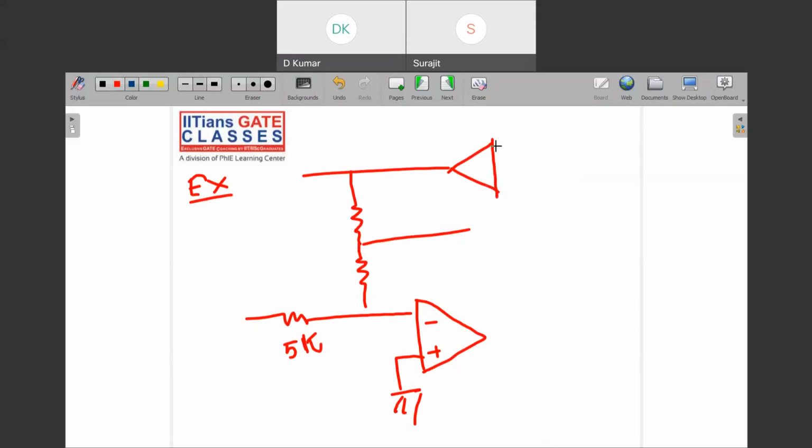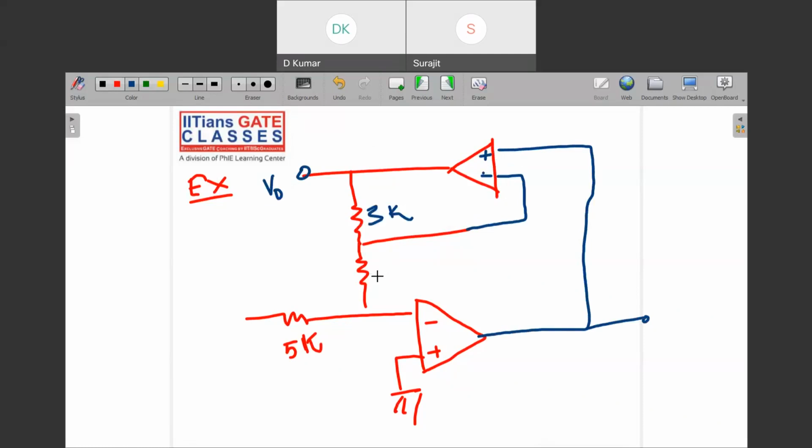And this is connected with plus minus, and this is connected here. You can connect this from here to here, and this is what the circuit looks like, and you have to determine this voltage V naught. This is 3K, this is 2K.